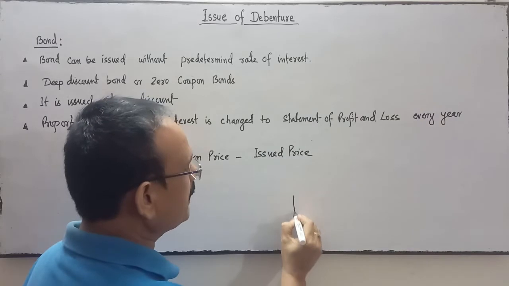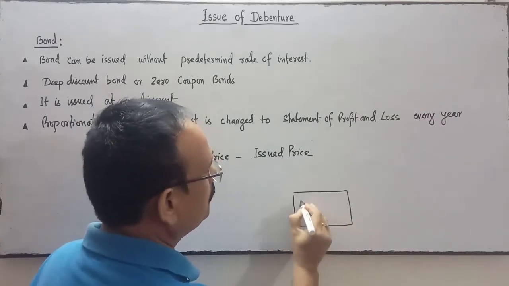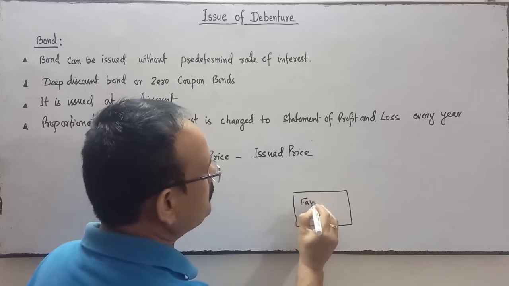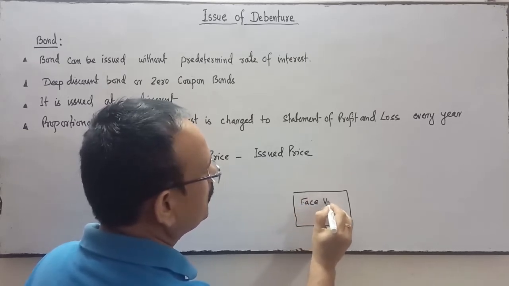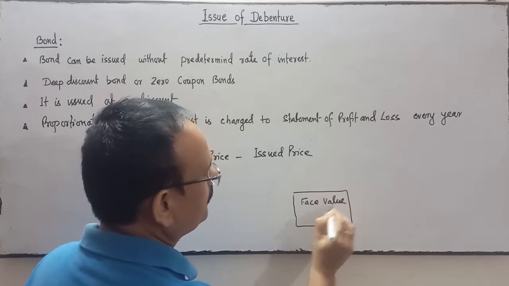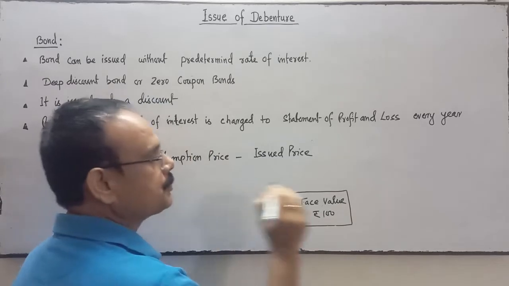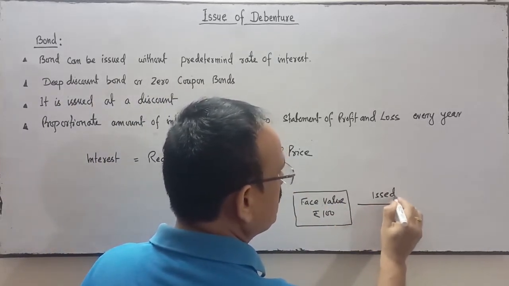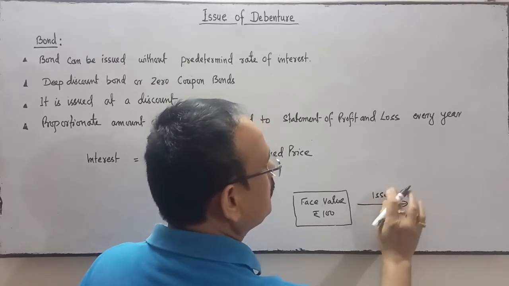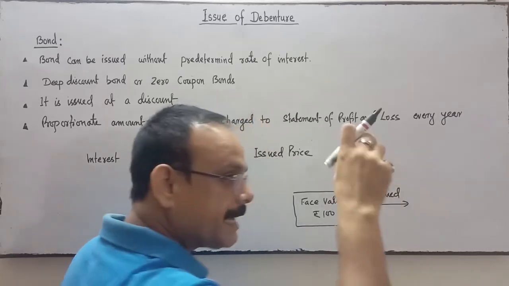Suppose the face value of the bond is 100 rupees. When it is issued, it is issued at a deep discount.